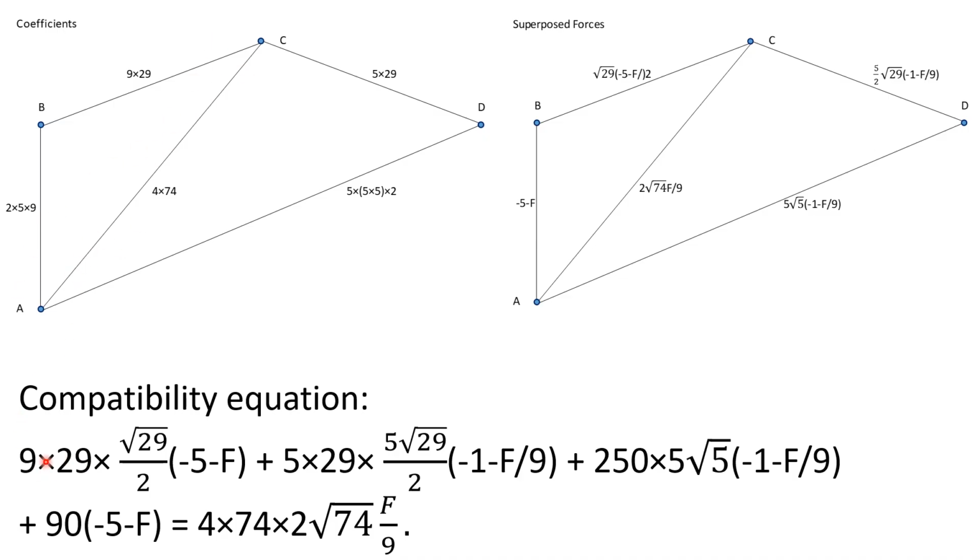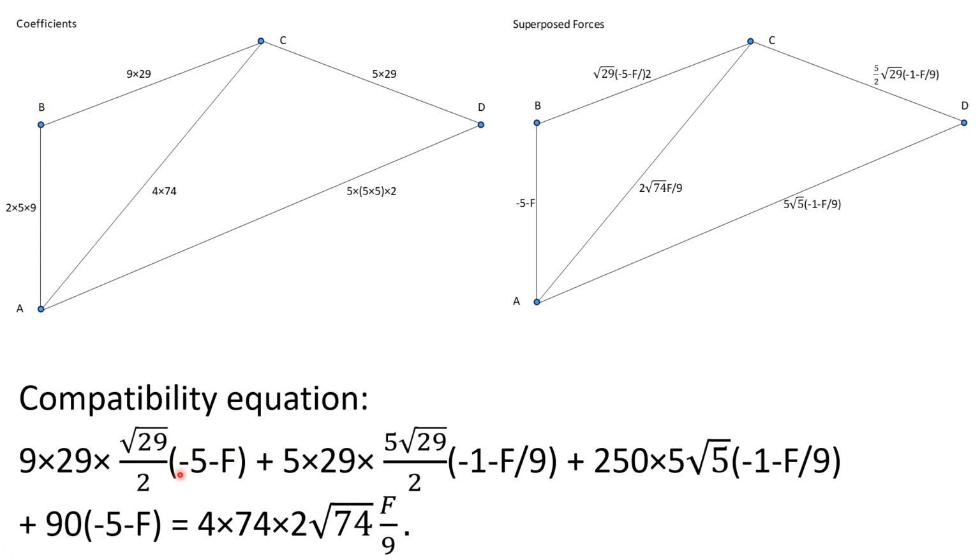So if you look at this term, for example, 9 by 29 by this thing, that's for the member BC, and then 5 by 29 by this force, that's for the member CD, and then 250, that's this number times 5 root 5 into this, that's for this member, and then the 90 times the minus 5 minus f for the member AB.